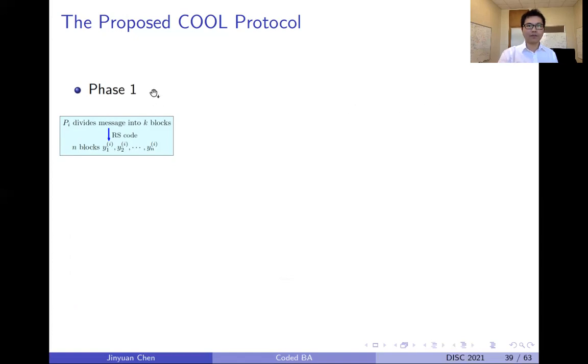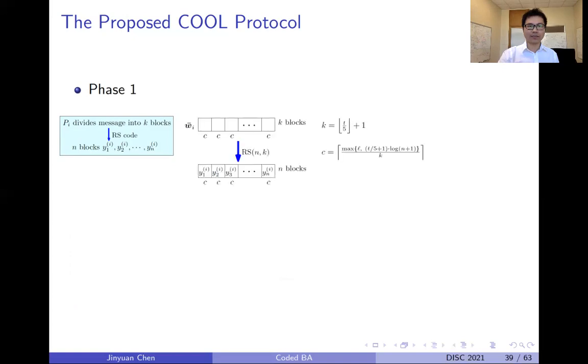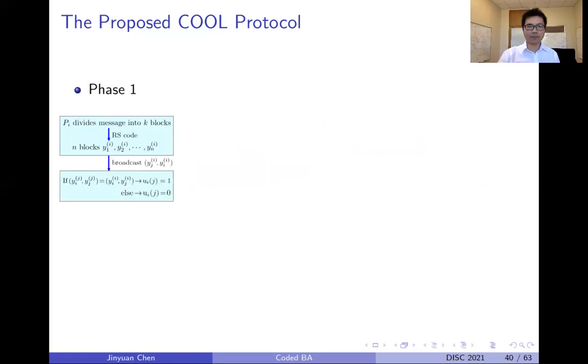The goal of phase 1 is to exchange the coded information and learn it. At first, processor i encodes the initial message into n blocks by using Reed-Solomon encoding. The design of the parameters K and C is one of the key elements in our protocol design. After that, processor i broadcasts a pair of coded symbols to each of the other processors.